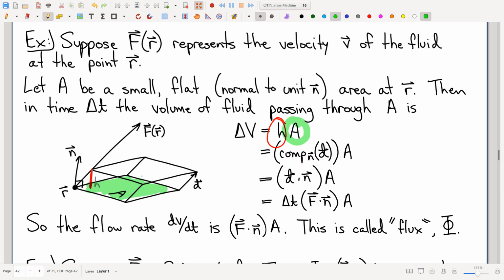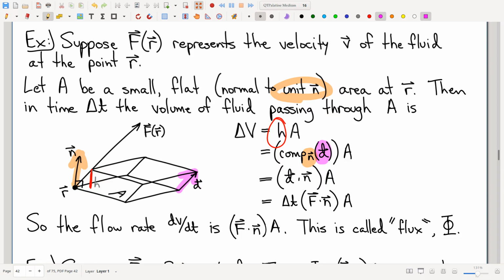Okay, wait a second. What is that height? This is the nice insight right here. This is arguably the big insight, that height is the component in our normal direction of the displacement vector, D. Right, the displacement says how any little particular molecule of water moved.